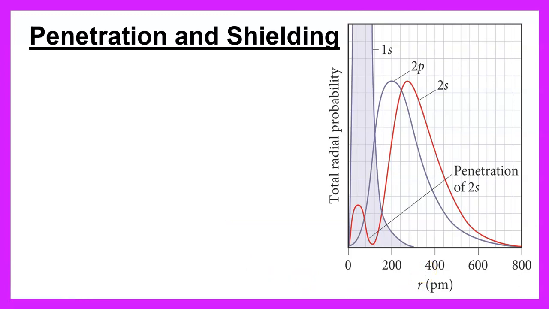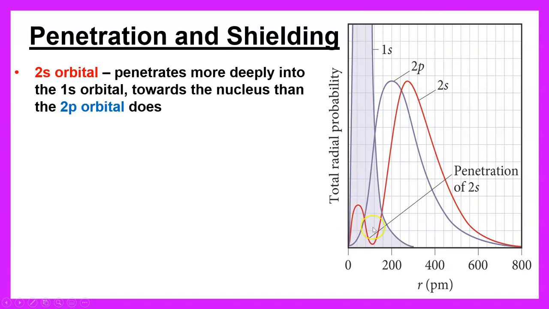So if you look in red, we have our 2s orbital, and it's penetrating inwards. Our p orbital is here, but can you see how the red line comes further in?